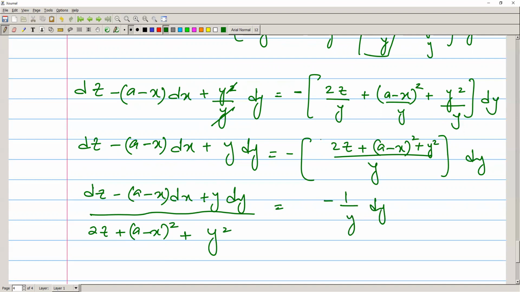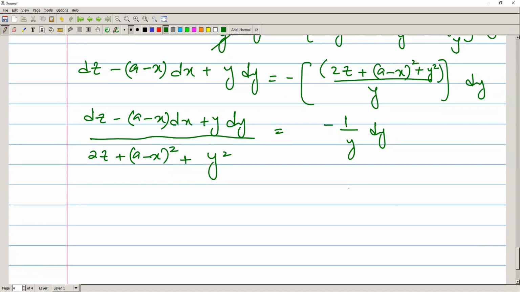What I did is I picked this whole upper part and put it in the denominator of the left hand side. Now I can see that here is the z, 2z, and here's dz. So I need to make it the perfect derivative, and here's a minus x whole squared. So the derivative is 2 multiplied by a minus x multiplied by minus 1, that is 2 multiplied by a minus x.